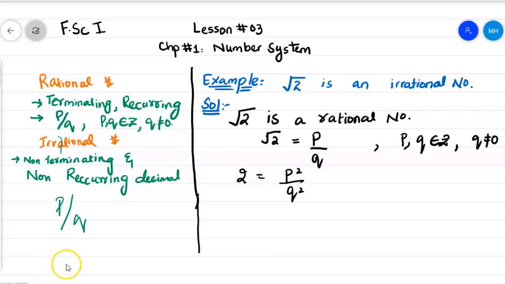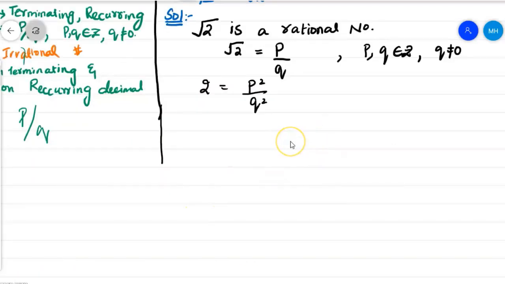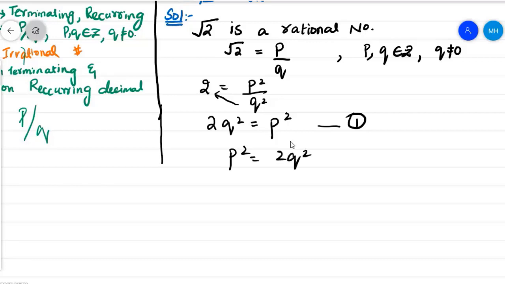Now if I simplify this statement, I am cross multiplying: 2q square equals p square, right? So now you have to name this equation 1. We can rewrite it like this: p square is equal to 2q square. Name this 1.